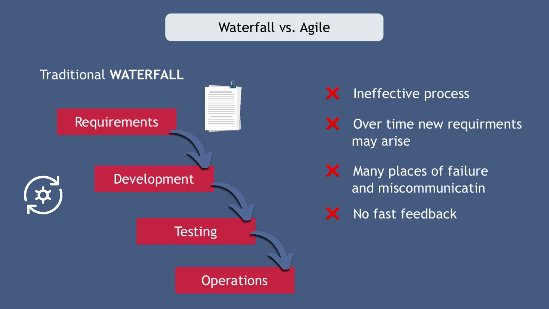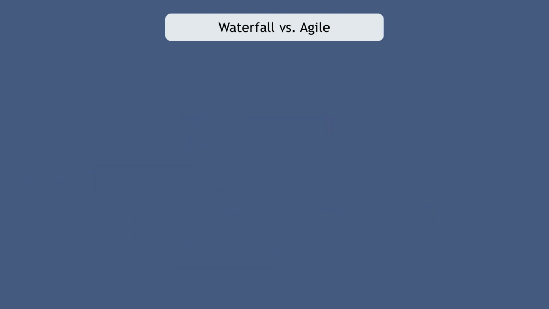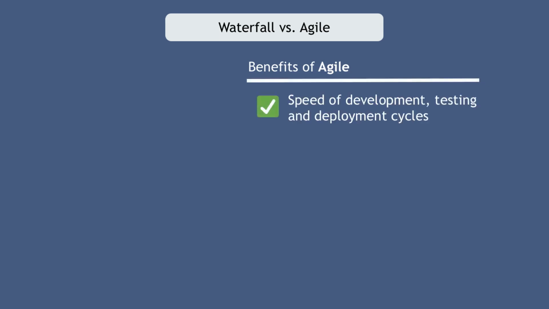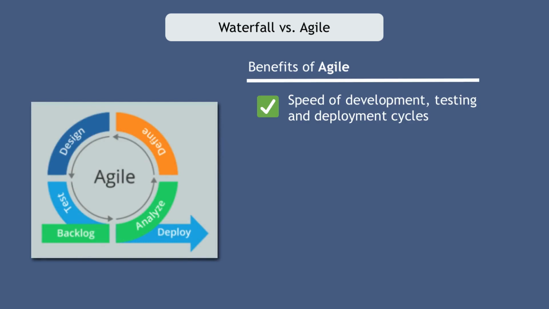So as an alternative to the waterfall method, a very extreme methodology was developed, which you probably heard of, which is called Agile methodology for software development, which is actually pretty popular and is becoming increasingly popular across organizations and companies. And the main benefit, or the thing that it solves, is the speed of development, testing, and deploying cycles.